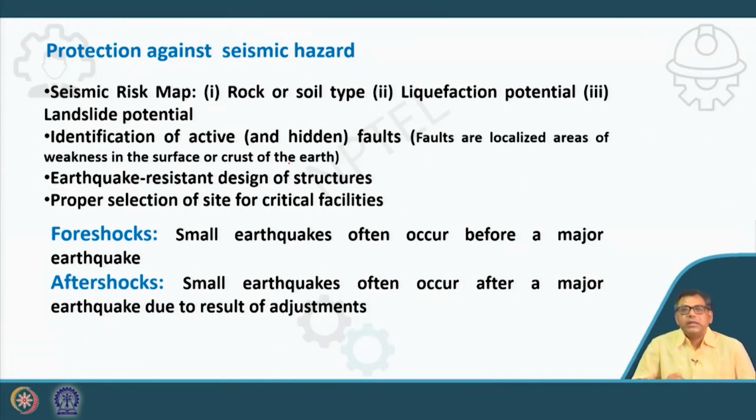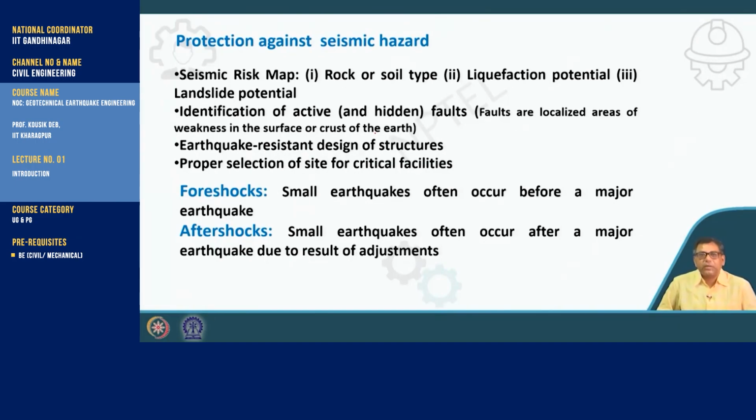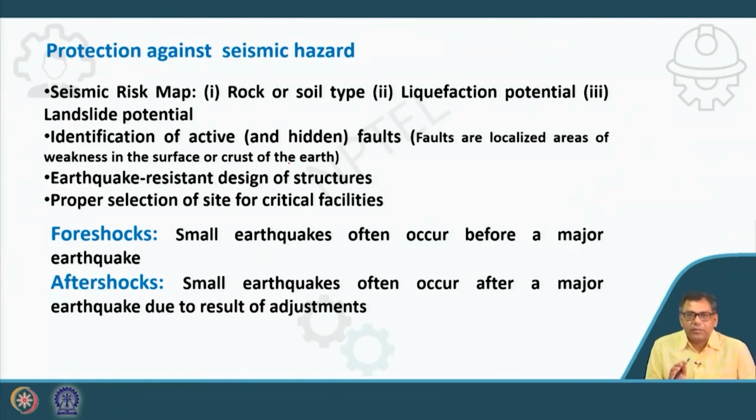When energy is accumulated, this energy is released within this weak portion. So the fracture may occur along the fault line or the fault zone, and then energy is released. Okay, so we should identify these faults, whether they are active faults or even hidden faults. Sometimes we have hidden faults, so those also we have to identify.